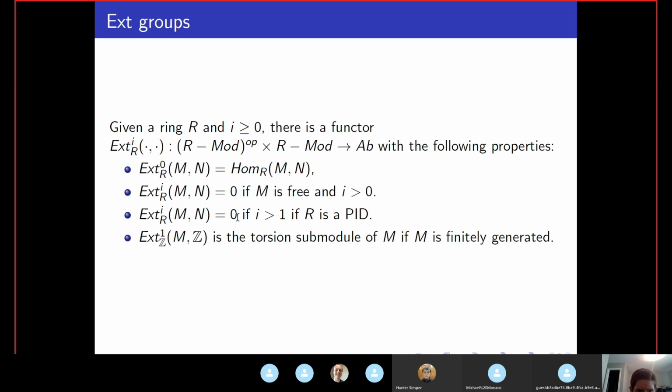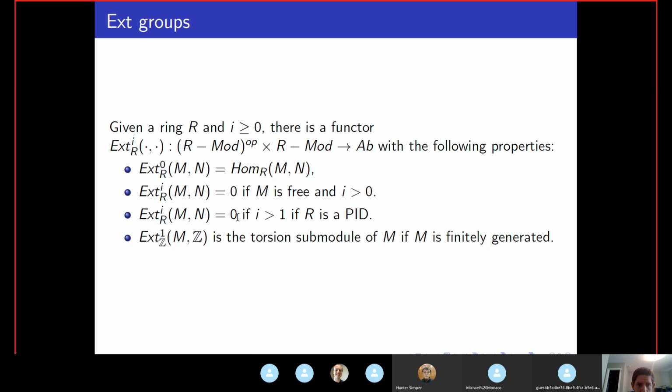I think that's correct. Actually, it's if M is projective or N is injective. If I flip that, someone should tell me. And if R is a PID, then the Ext groups vanish above degree 1. The case we're most interested in is R equals Z, and Z is a PID.